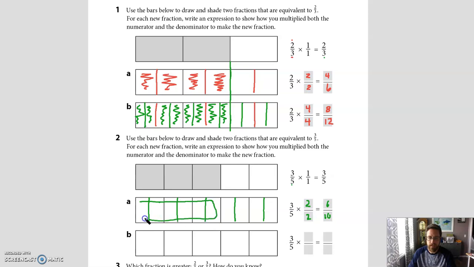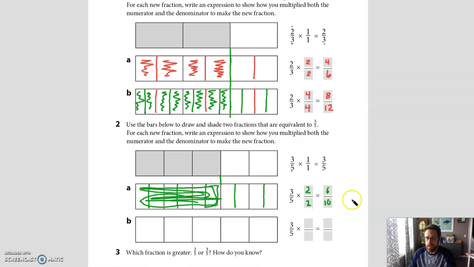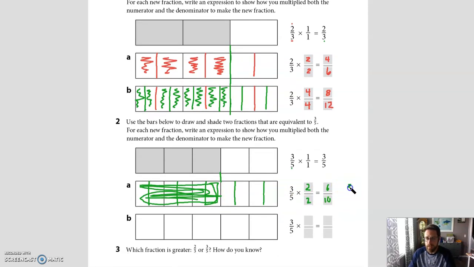So right here is 6 of the 10 pieces, and that's the exact same amount as what was shaded above. So they're equivalent fractions. Another way you could check to see if they're equivalent, like we talked about in the previous lesson, is if we're comparing fractions and we cross multiply and climb the ladder. Well, 10 times 3 is 30, 5 times 6 is 30. Hey, look at that. 30 equals 30. So 6/10 is equivalent to 3/5.